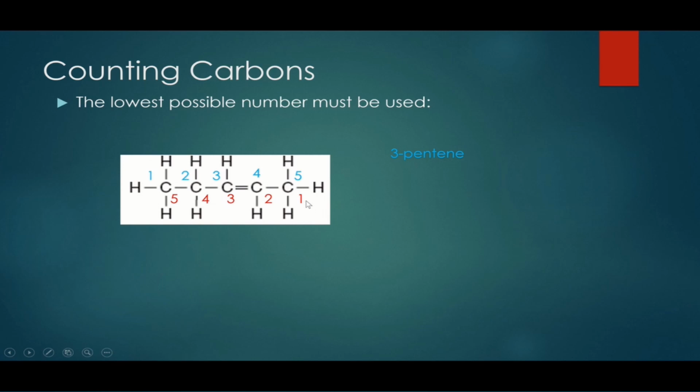If we count the other direction, right to left, now the double bond is on the 2nd carbon. Because 2 is lower than 3, the rule is the lowest possible number must be used. So this structure is correctly called 2-pentene, not 3-pentene.